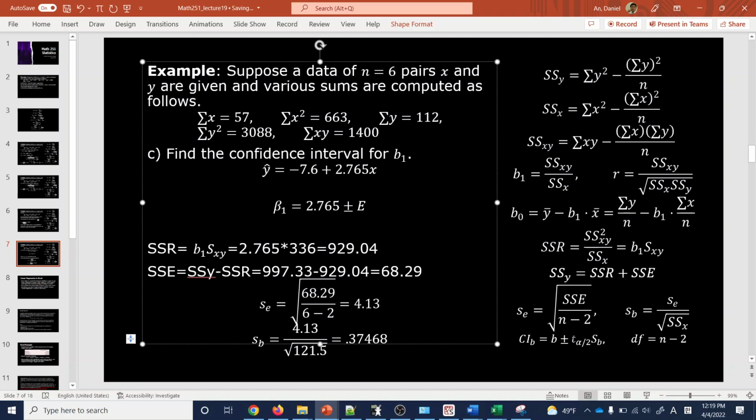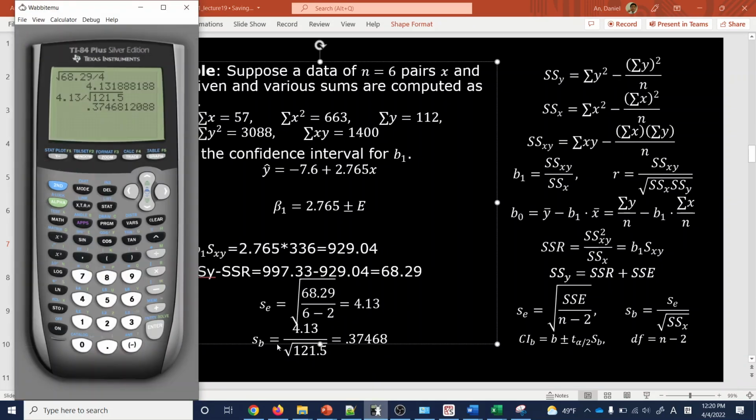Now you have to do T alpha over 2, where alpha is 0.05. So we need to calculate the critical value either from the T table or from the calculator. Since I don't have the table with me, let me just use the calculator.